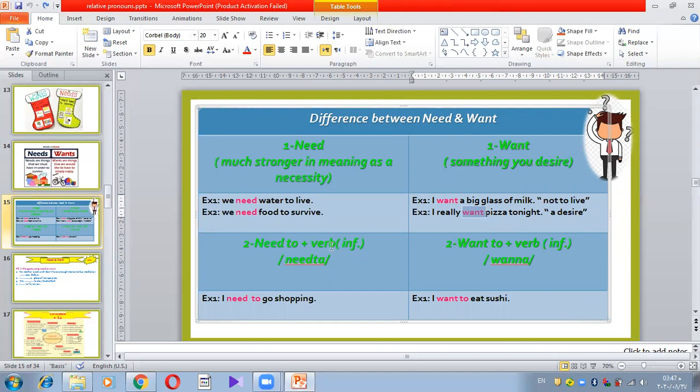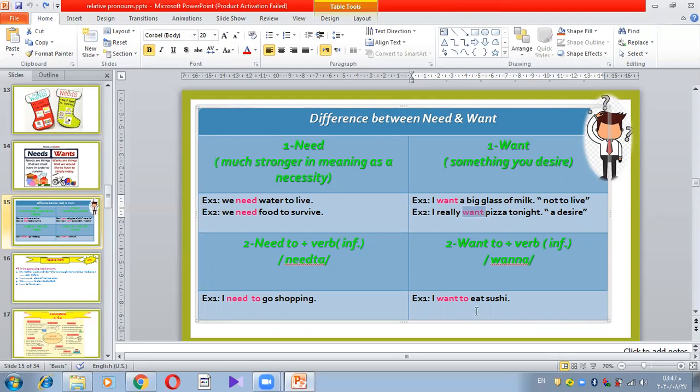There is one more note that you may see in a lot of sentences: need to plus verb infinitive and want to plus verb infinitive. Both of them can be followed by to and then the verb in the infinitive form. So want to, do you remember this? We said before that we can contract it into what? Into wanna.